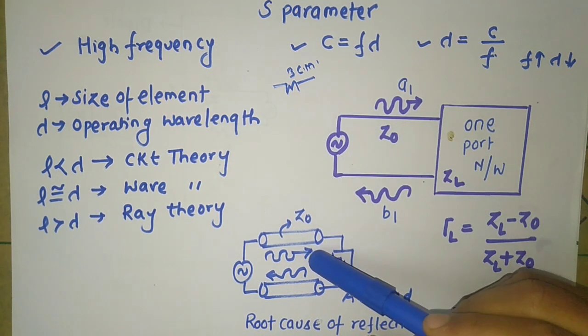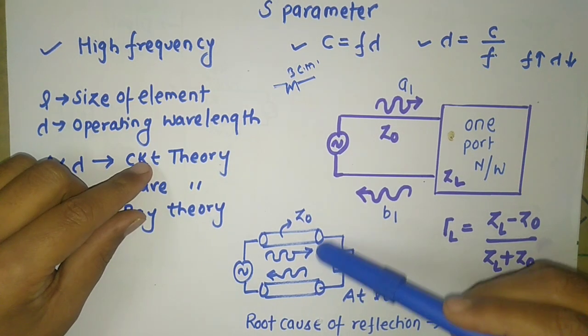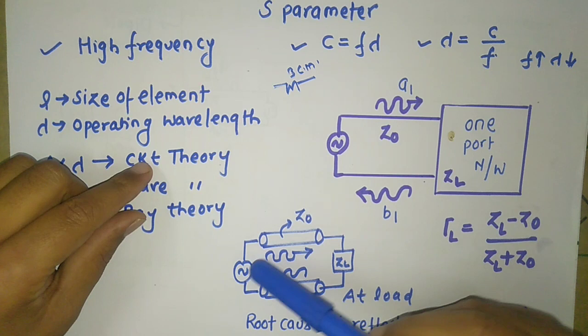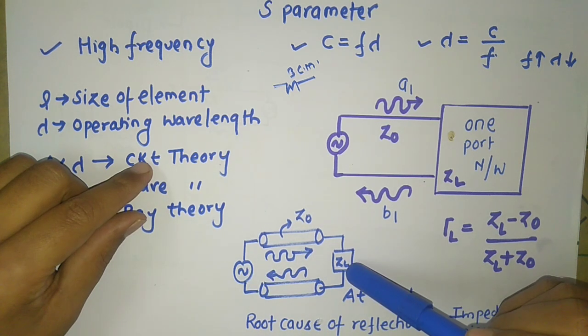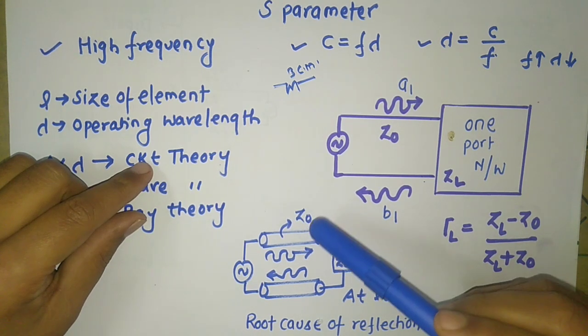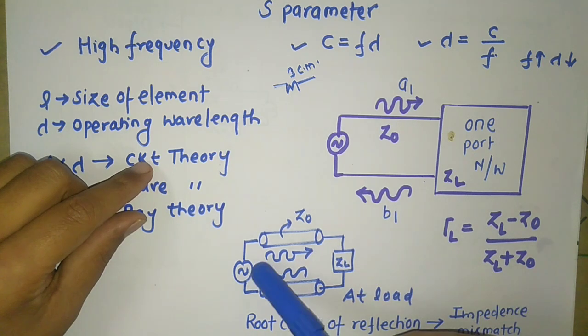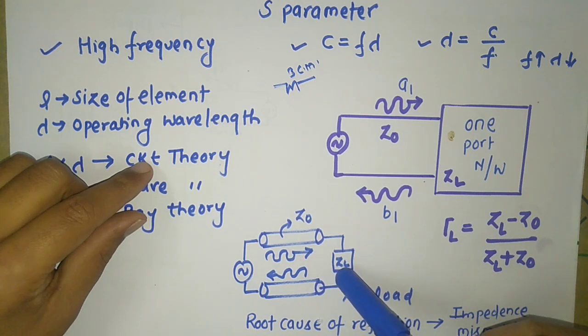Recall the concept of transmission line. A transmission line is nothing but a two conductor system, and this transmission line is excited by a source and terminated by some load, and any transmission line is characterized by the characteristic impedance. So a wave which travels from source to load is known as incident wave. A wave which travels from load to source is known as backward wave.